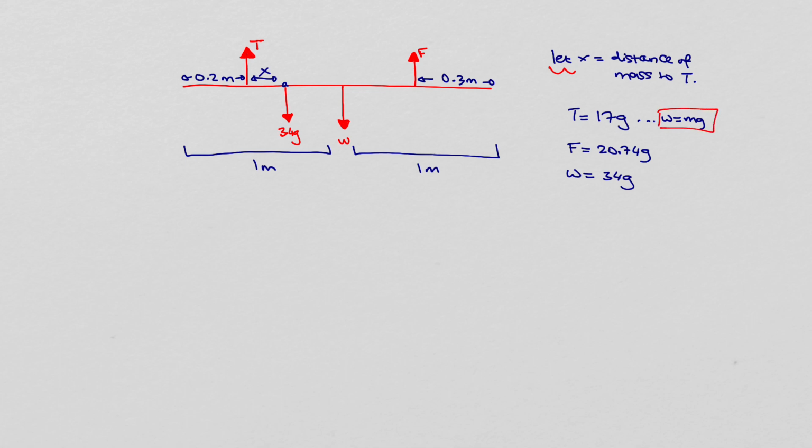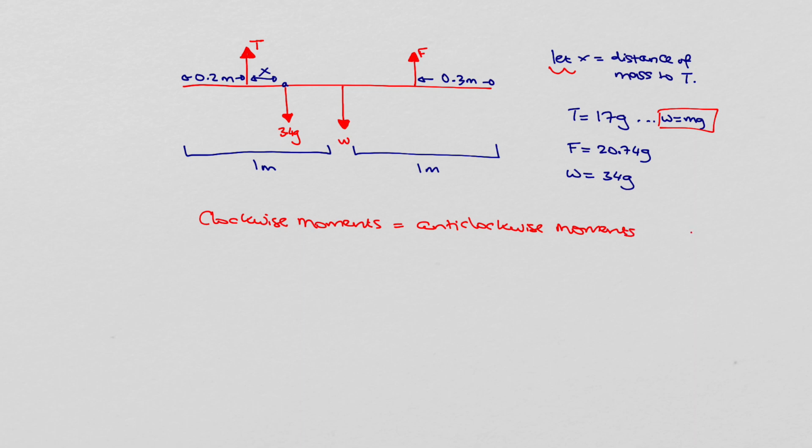So to work out our unknown here, what we're going to do is look at our law of coplanar forces, and we're going to go with our clockwise and our anti-clockwise moments because we're looking for the perpendicular distance. So our moment is our force multiplied by our perpendicular distance. So the sum of our clockwise moments equals the sum of our anti-clockwise moments around any fulcrum.